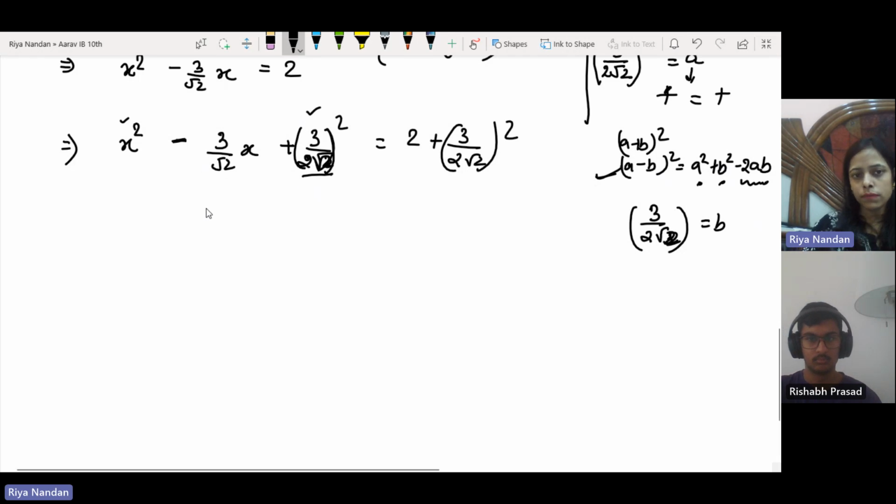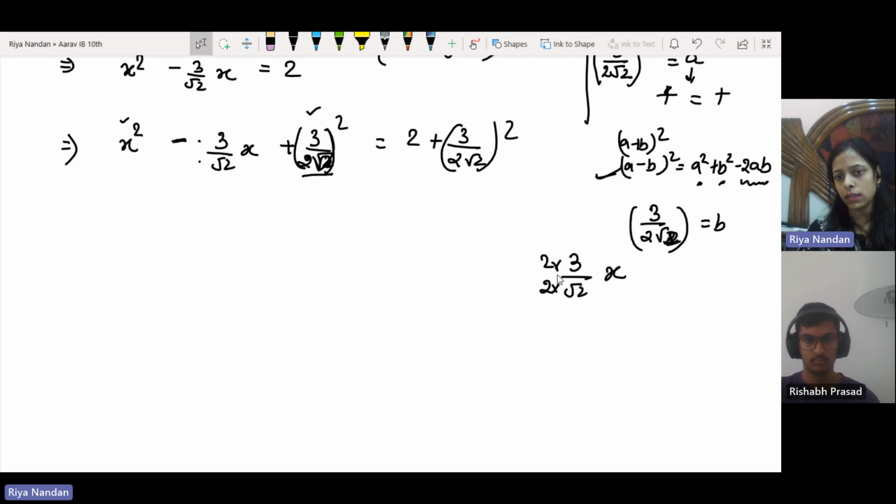So what we will do, we have to multiply and divide by 2 to both. So once we multiply this term 3 by root 2x by 2 in the numerator and the denominator, there will be no change in the equation, right? Once we cancel it out, then the number will again be the same.